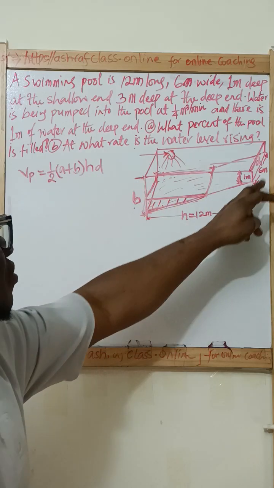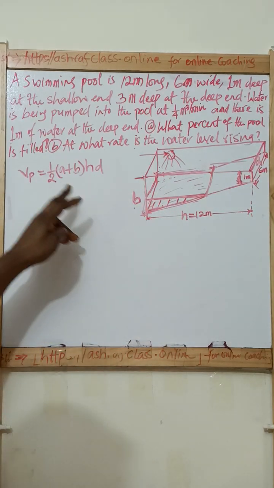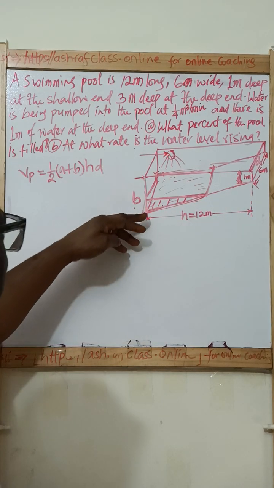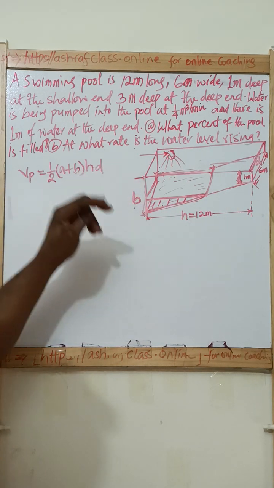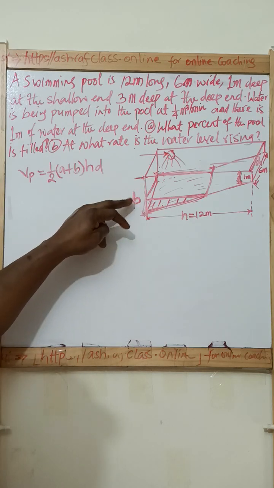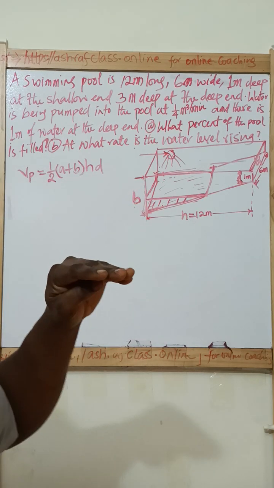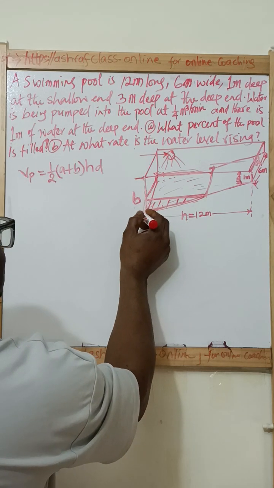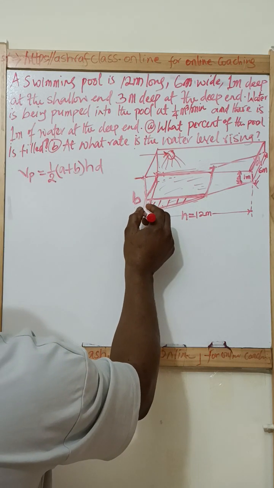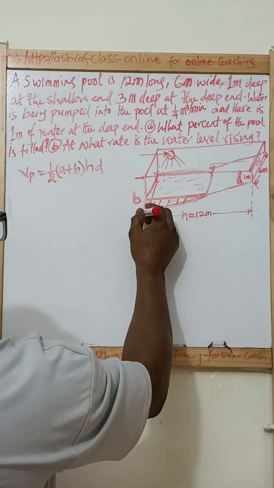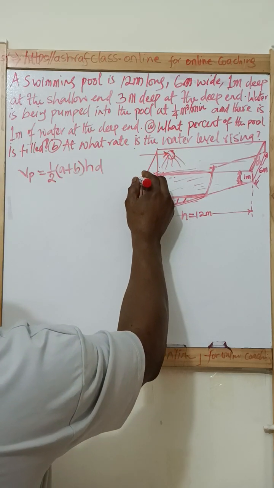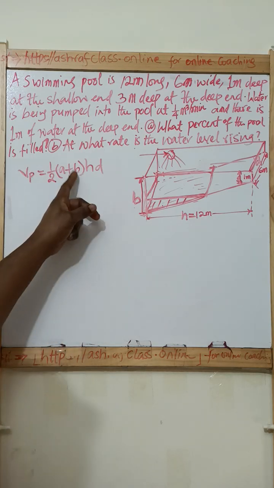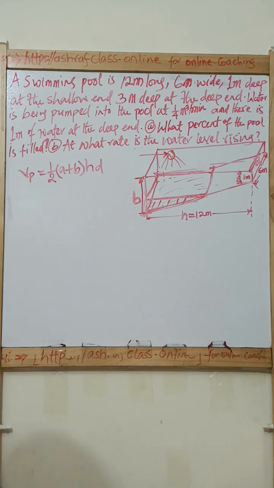The depth is constant, it does not change. A is constant, does not change. So to fill this up, the only thing that will be rising is what? This B, right? That is, the water level initially will be at 0 here, and then as the water is being pumped, it will be increasing until it's filled up, right? Which means the variable here is B, right?